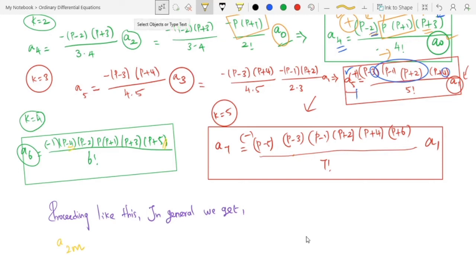Are you ready to write? 6 is replaced by 2m in the general case. Of course, you can write it here for 2m. Come on. If it is suffix 6, we have to end with p plus 6 minus 1, that is 5. So for 2m, p plus 2m minus 1. That's all.